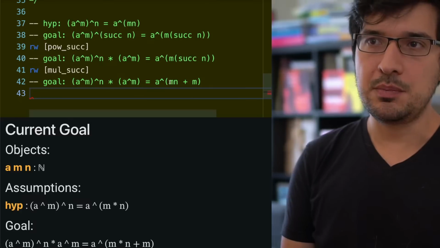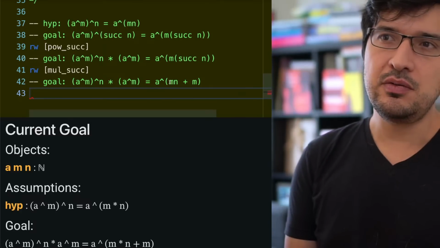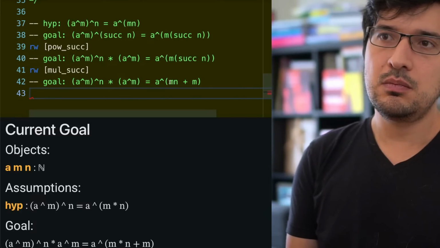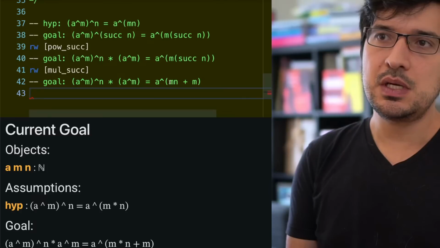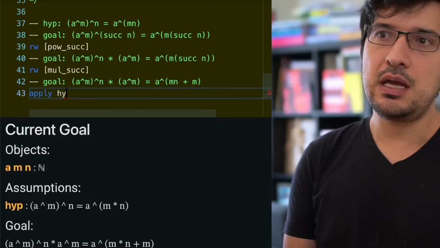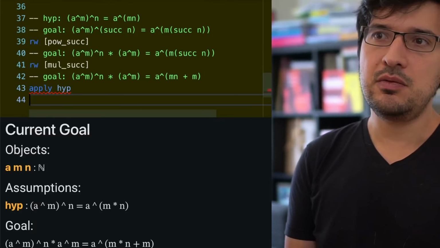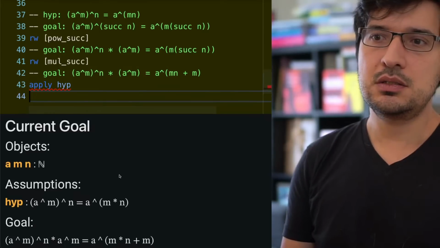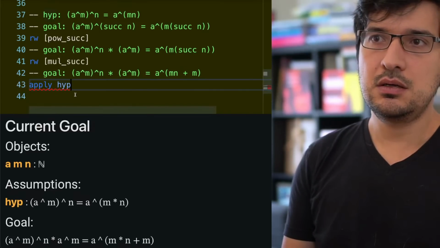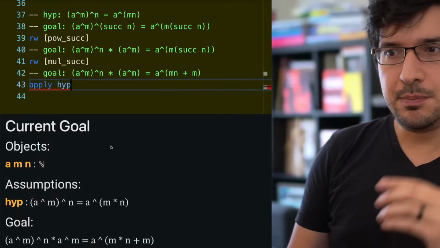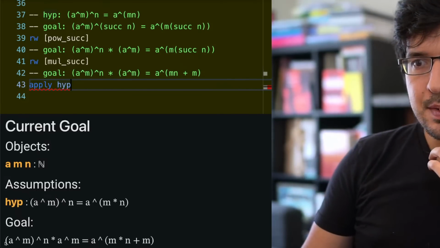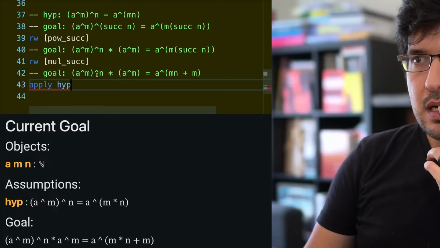Oh, yeah, we can apply the inductive hypothesis. How do I type this again? Apply the inductive hypothesis? Is it apply? Apply hype. A raised to m raised to n.